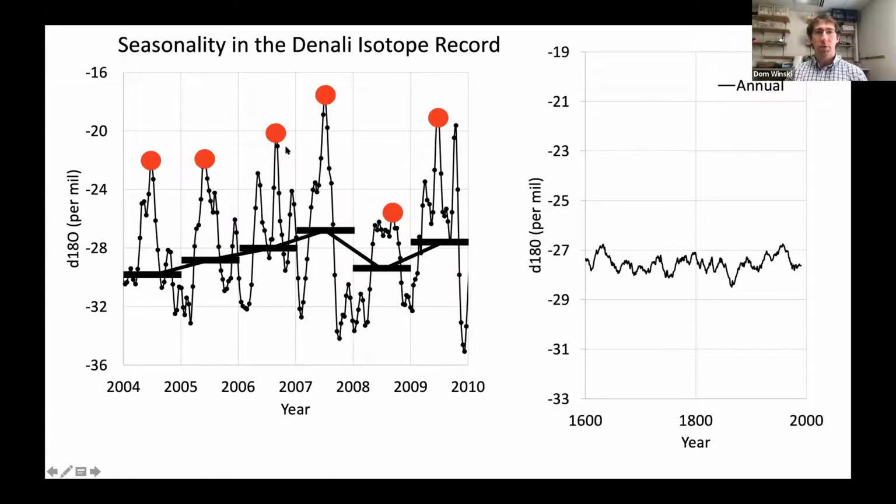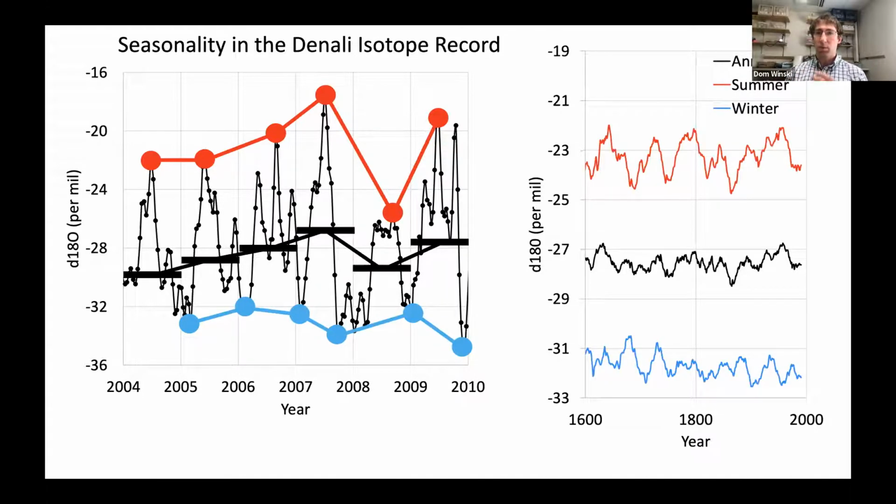But you could also go through and pick all the maxima and make a time series of that. And that would give you information about what's going on specifically during the summertime. You could do the same during the winter. And they would give you additional different time series that are now specifically focused on the summer versus wintertime.